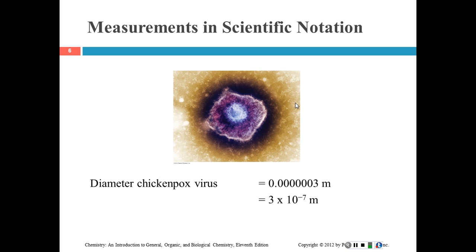And so in scientific notation, it helps because all we have to do is go 1, 2, 3, 4, 5, 6, 7. Move that decimal so that 3 is in front. And we moved 7 places. Why is it negative? Because that number was little. It's less than 1. So that exponent has to be negative.